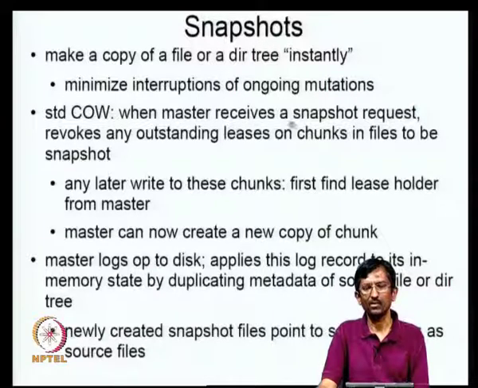When the master receives a snapshot request, it revokes any outstanding leases on chunks in the files to be snapshotted. Basically, if you are going to snapshot, you want to make sure that no client is actually writing to it. Therefore, you try to get back all the leases so that it is clear for you to start the snapshot.